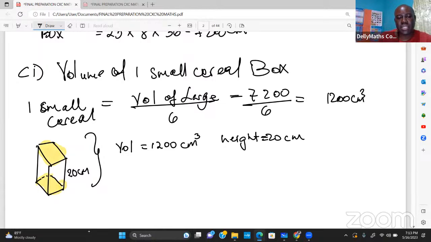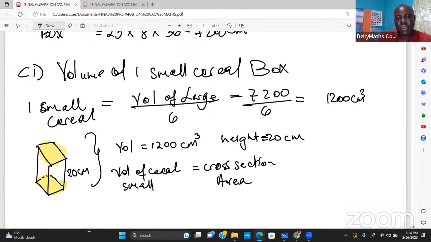Put things into perspective. In reality, the volume of the cereal box is equal to cross-section area times height.